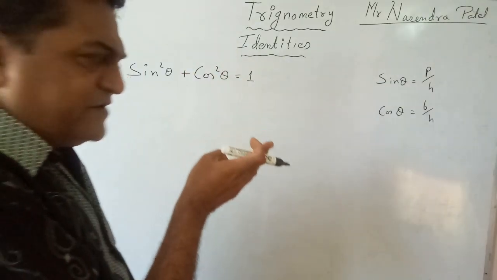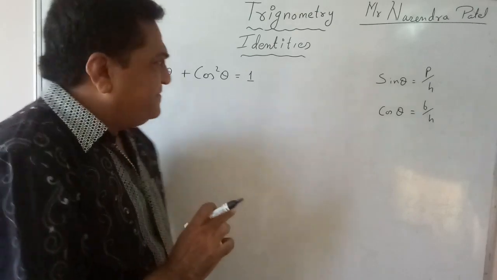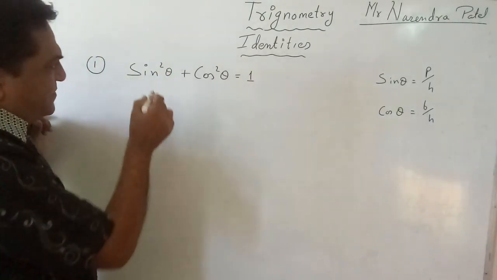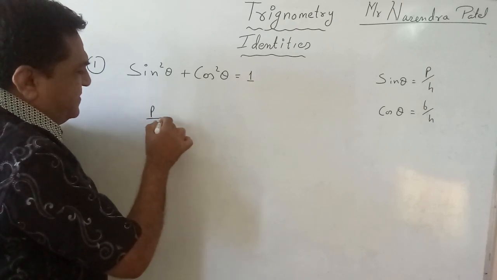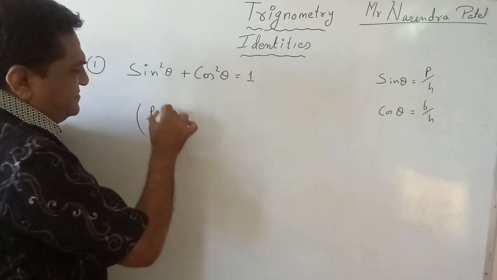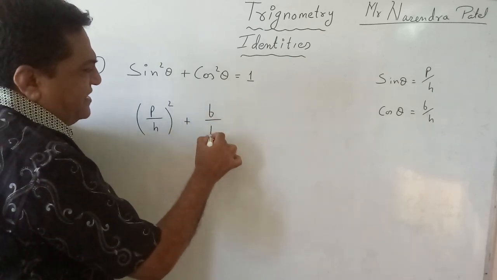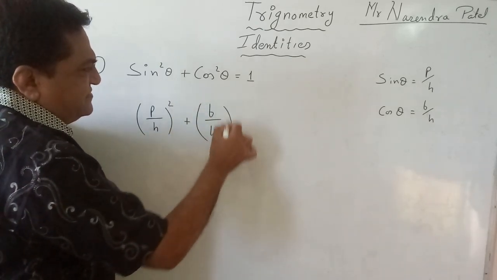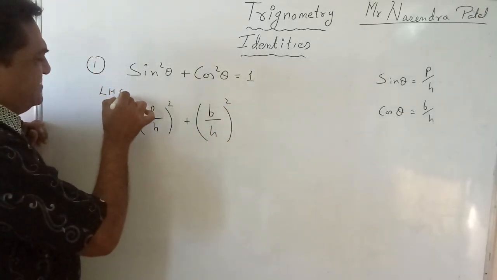Perpendicular upon hypotenuse and base upon hypotenuse, both you know. Here let me put the value of sin, that is P upon H square, then B upon H square. I am taking LHS.